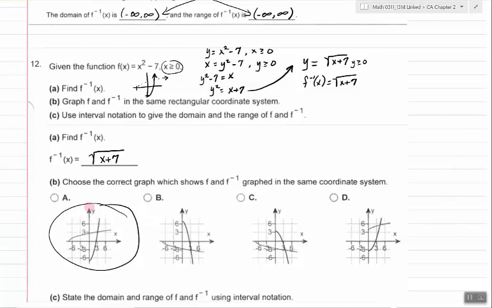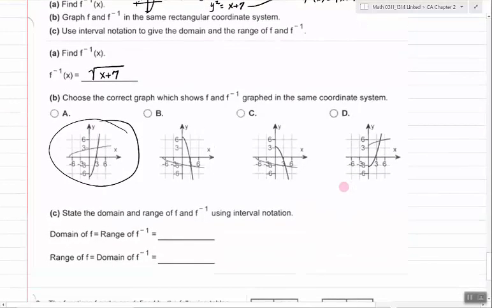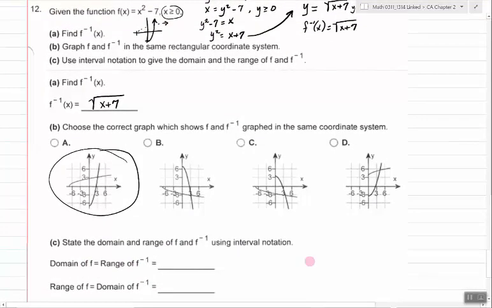But I have some other questions. It wants to know about domain and range. Well, for the original function, the domain, which turned out to be the range of the inverse, both of them, it says to do it in interval notation. Both of them go from 0 to positive infinity. Let's take a look at that.